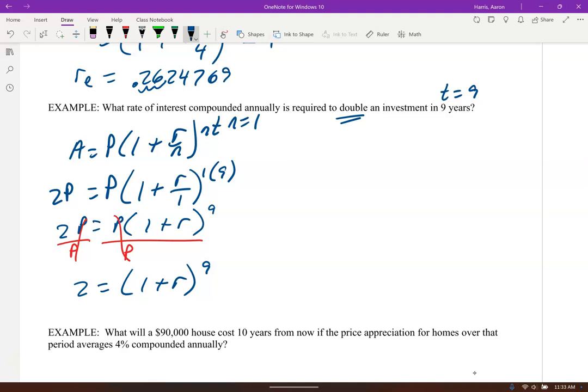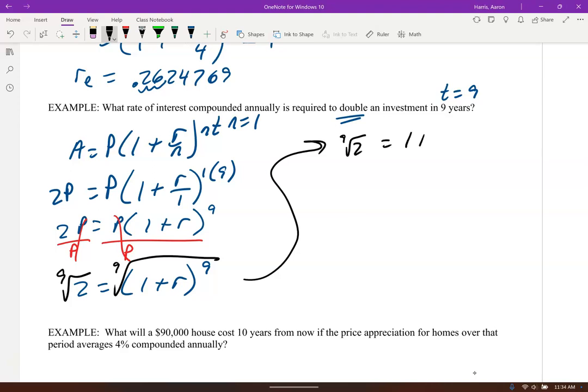Now, how do you undo a 9th power? Well, you take a 9th root of both sides. So we have 2 to the 1/9, the 9th root of 2, equals 1 plus R. And now I just subtract 1 on both sides. So R equals the 9th root of 2, or 2 to the 1/9, minus 1. So let's punch that in.